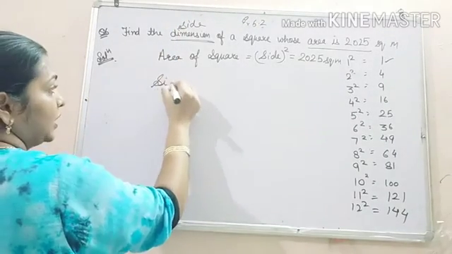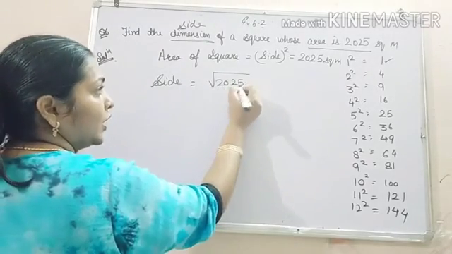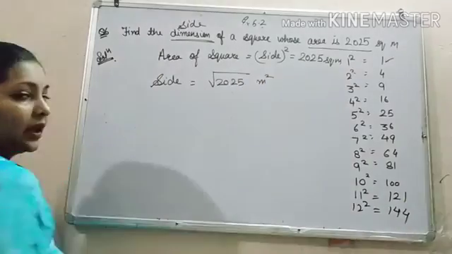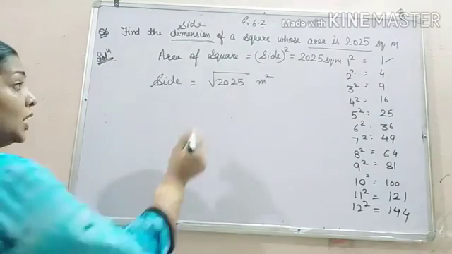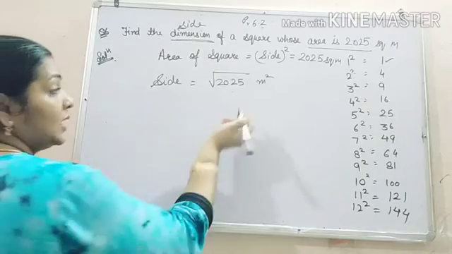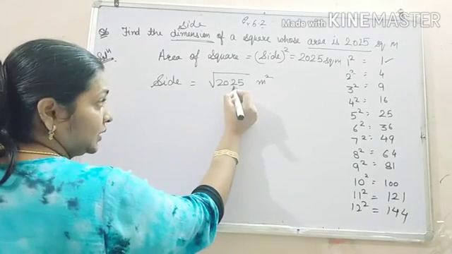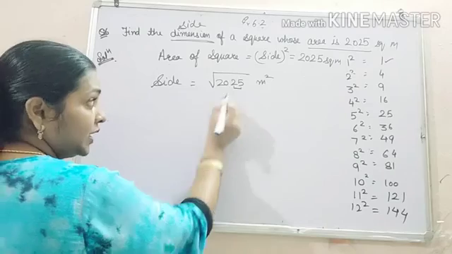So side will be equal to under the root 2025. Square meter can be written as meter square. Now there are two ways. One is ones and tens method. When you use ones and tens method, you separate ones and tens digit from rest of the digit.